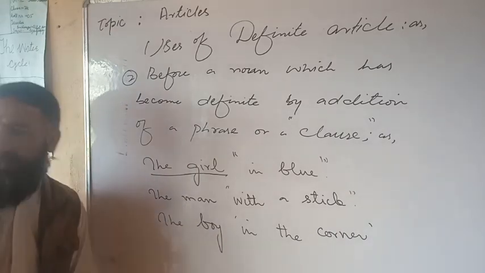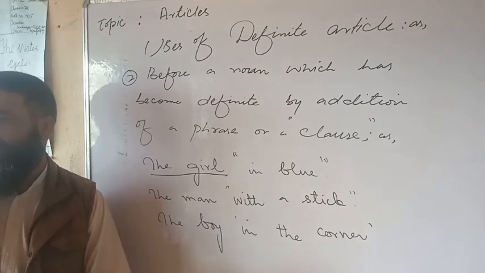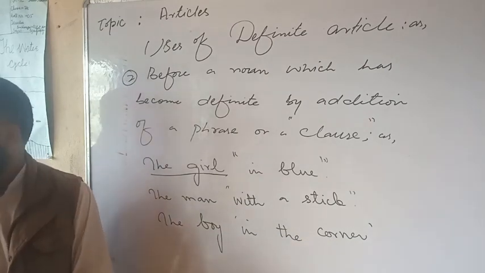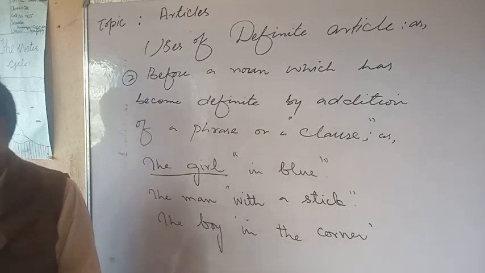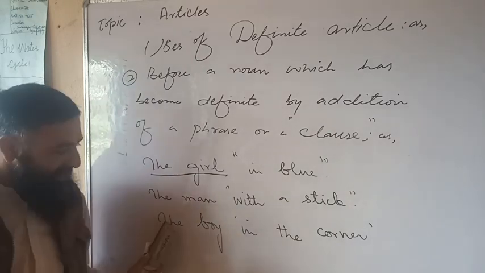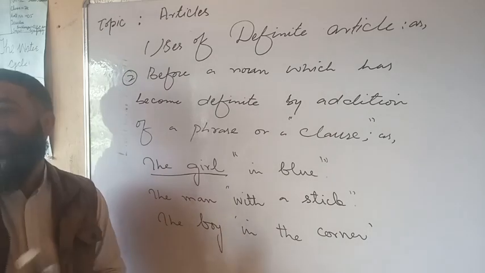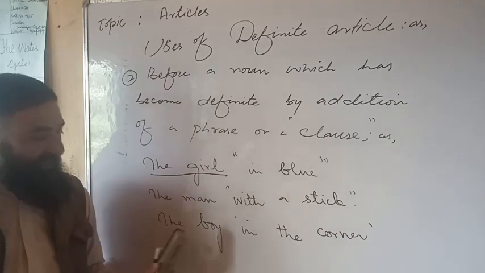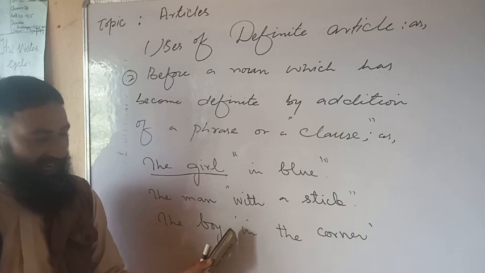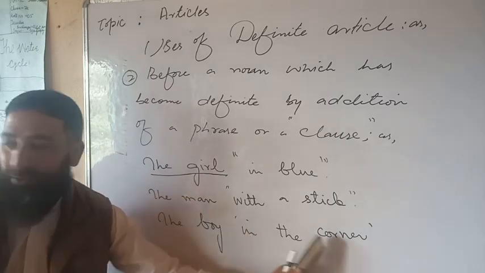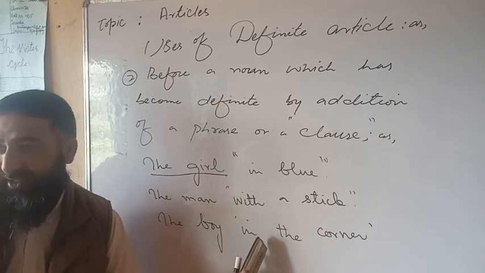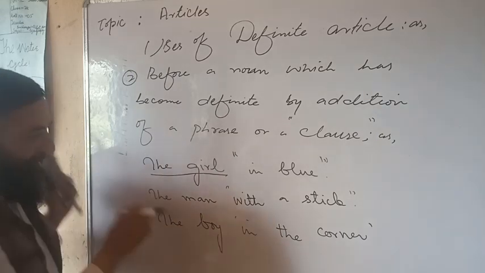So it will take "the" before it, because there are so many boys in the class, but one definite boy is there in the corner, facing some problem. So it will take "the" before it, because this boy has become definite with the help of this phrase. Yes, it is a phrase.